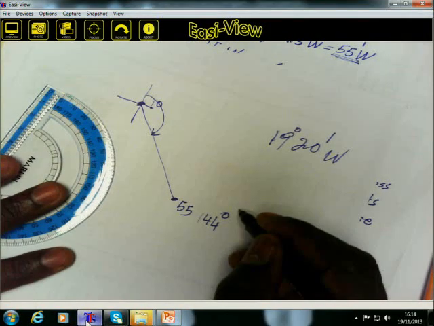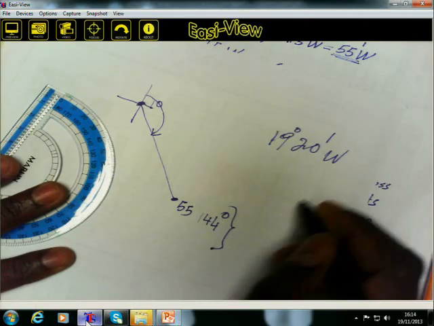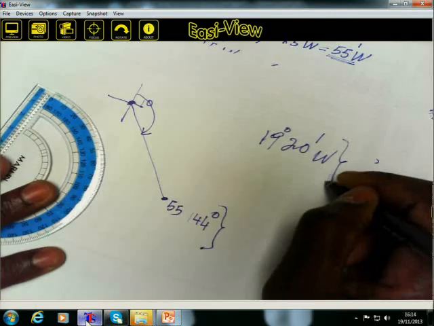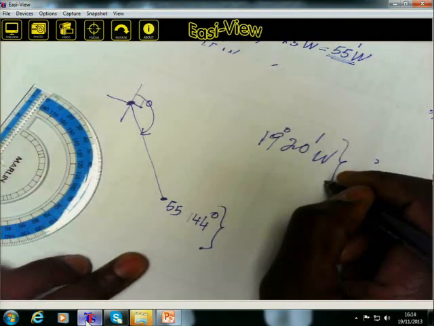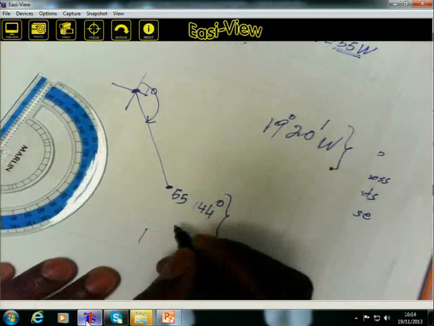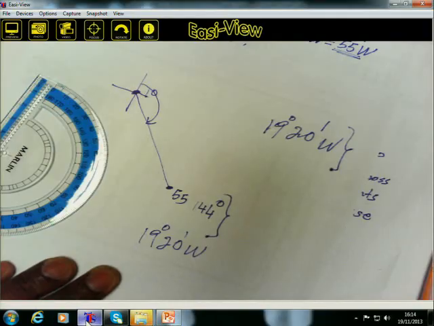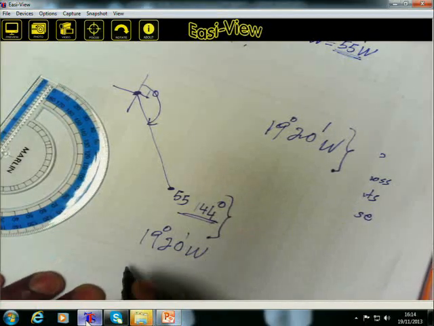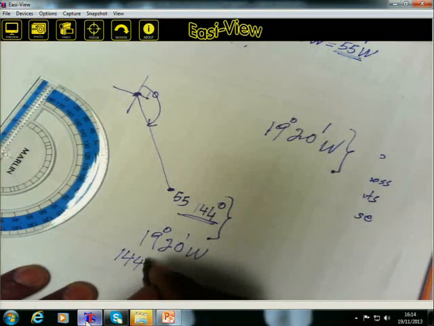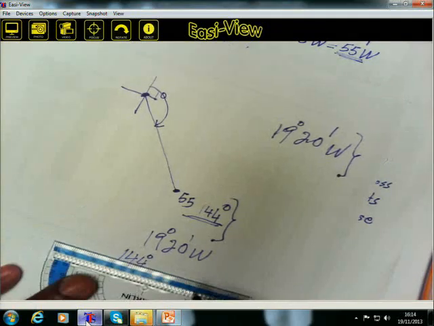What do I do? This is true bearing. This is mean magnetic declination. Now I add the two. Come down 19 degrees 20 minutes west. Now 144 will come under the degrees.